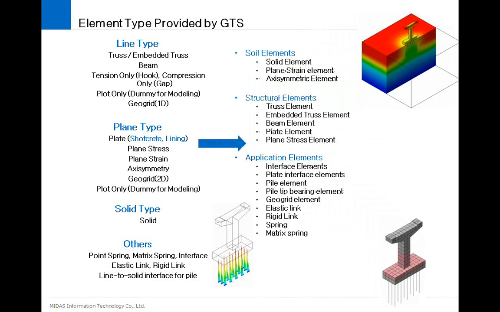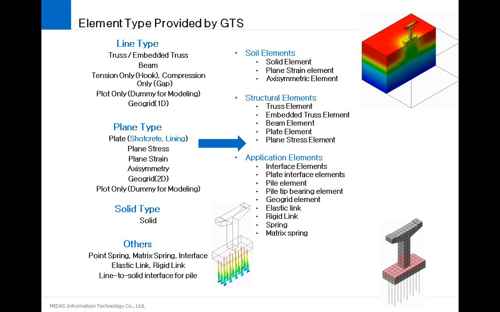But if I further bifurcate different line, plane, and solid types in accordance with which element I can use to model my soil element, or which element I can use to model my structure elements or various application elements.